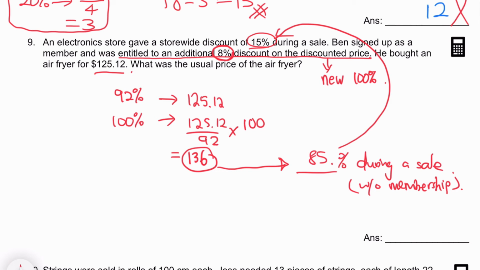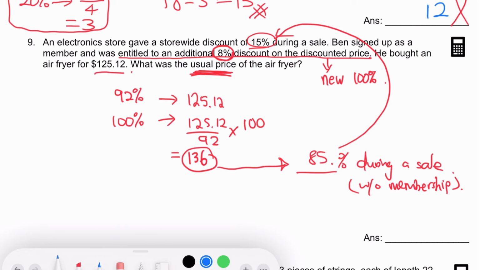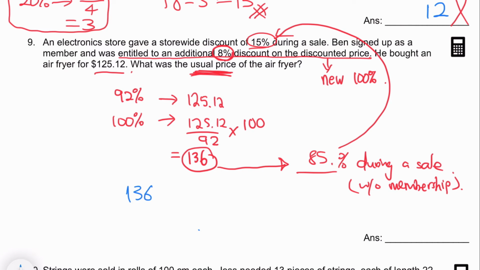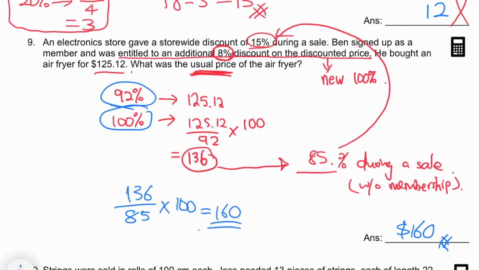So we can find the usual price, or what we call the original price of the air fryer, by taking 136 divided by 85 times 100. And I'll get my answer as 160. And that's the final answer. So can you see how the new 100% is used in this case?